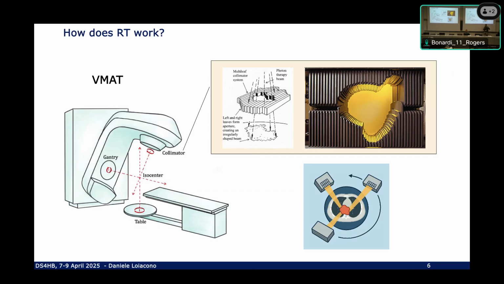And through the movement that can be controlled of the leaves of this structure, it's possible to shape the beam of the radiation, and through the rotation of the machine during the delivery of the radiation, it's possible to target a complex 3D area in the body of the patient, and so to target the tumor and not the healthy area around.